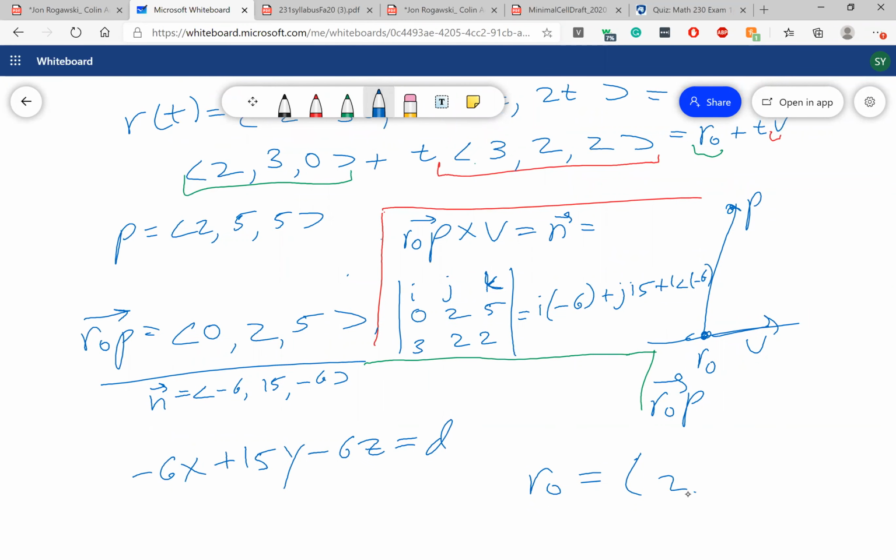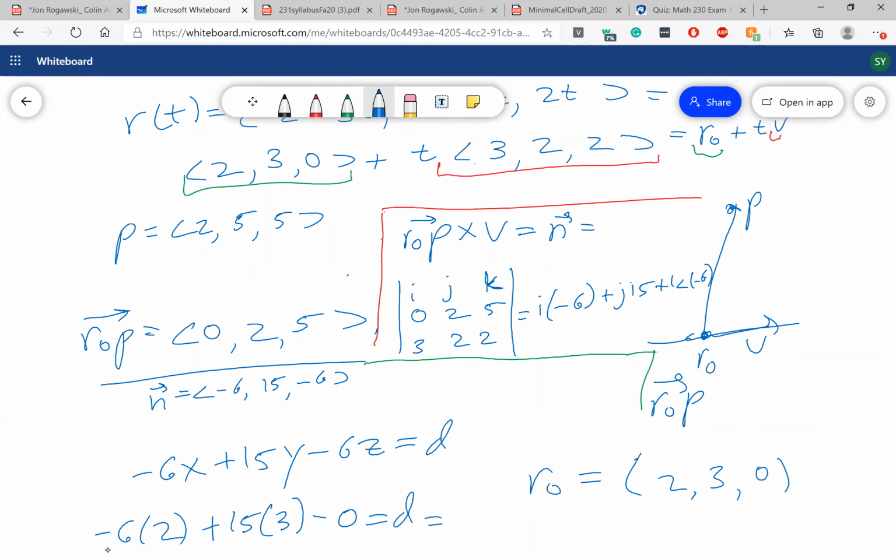It's the point 2, 3, and 0. So we can plug that in here. So we get negative 6 times 2 plus 15 times 3 minus 0 is equal to d.